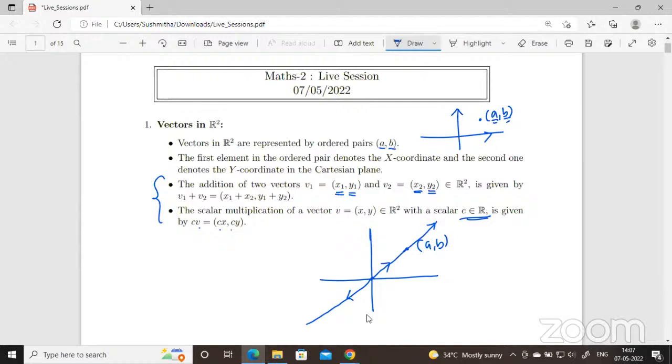These are two important operations which will be used later in the course, when we study vector spaces. That is why we are considering only these two operations here. Once you know how to add two vectors, you also know how to subtract two vectors, because v1 minus v2 is v1 plus (minus v2), where minus v2 can be written as minus 1 times v2.